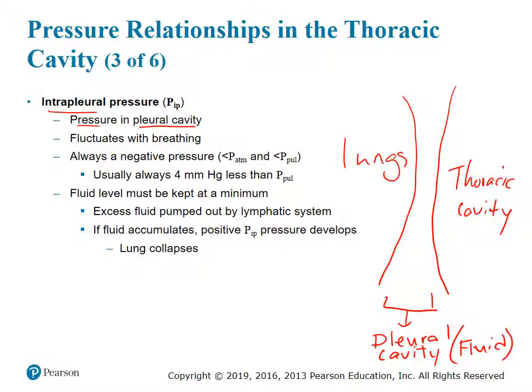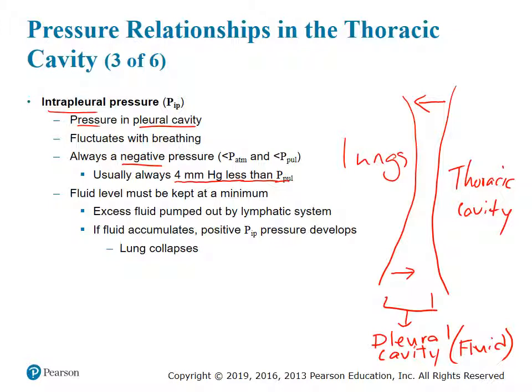So we know this one's going to fluctuate with breathing. As we open up the lungs or inspire, we're going to decrease the space there and increase the pressure. When the lungs expire, when we blow out air, we're going to increase the space and decrease the pressure there as well. So we know that the interpleural pressure is always negative. It's always less than the atmospheric pressure, and on average it's 4 millimeters of mercury less than pulmonary pressure, in fact.